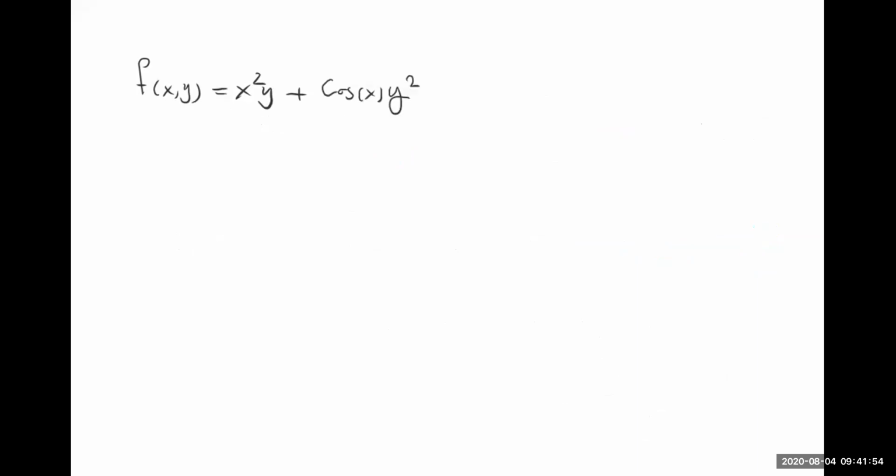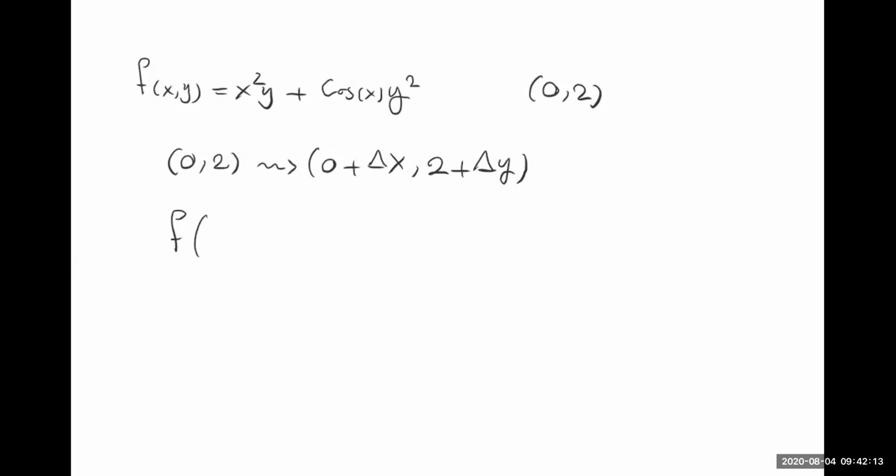Okay, and we were looking at the point 0 and 2. And I want to see if I change the point 0 and 2 to a very nearby point, 0 plus delta x and 2 plus delta y, what would be the value of the function? So what is f of 0 plus delta x and 2 plus delta y?